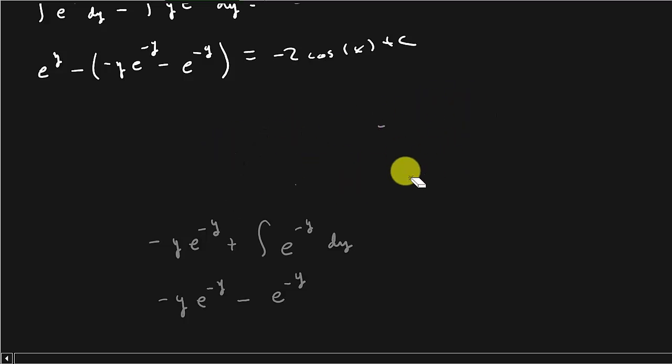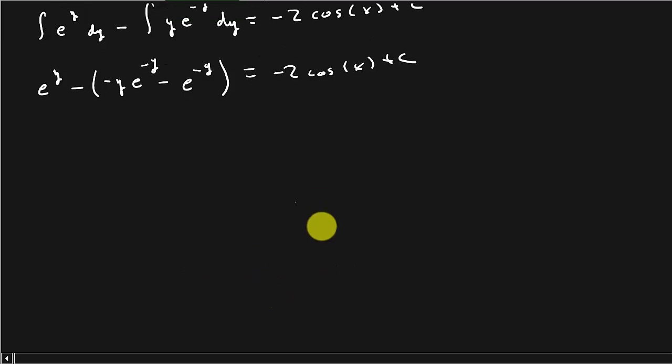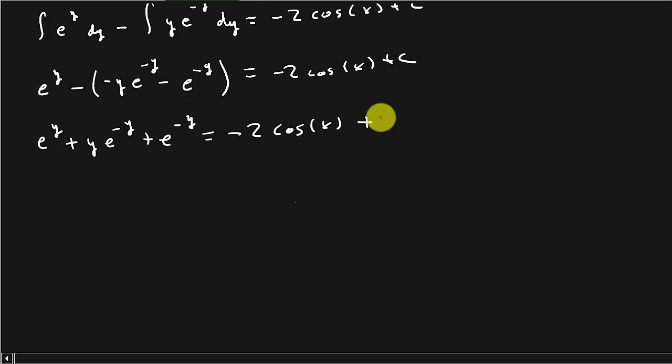And so we just did integration by parts. Clearing this parenthesis, that is going to give me e to the y plus y e to the negative y plus e to the negative y equals negative 2 cosine x plus c.